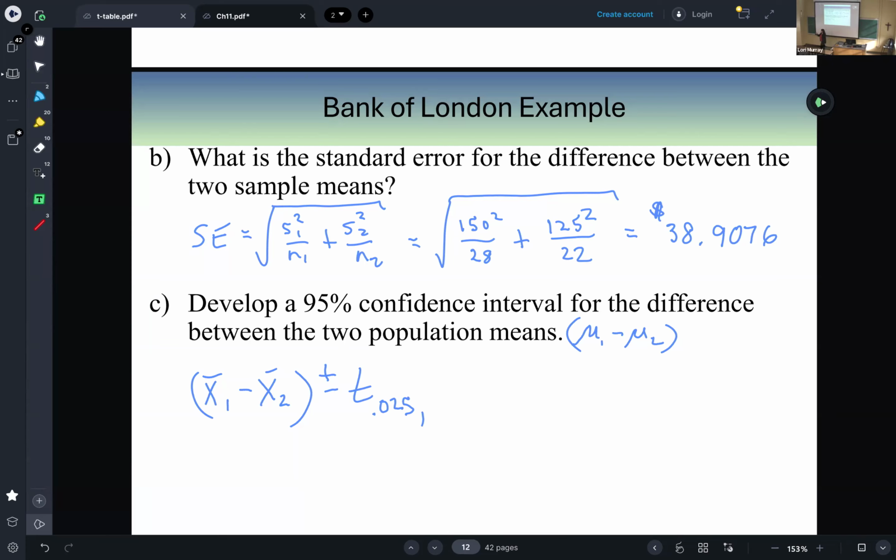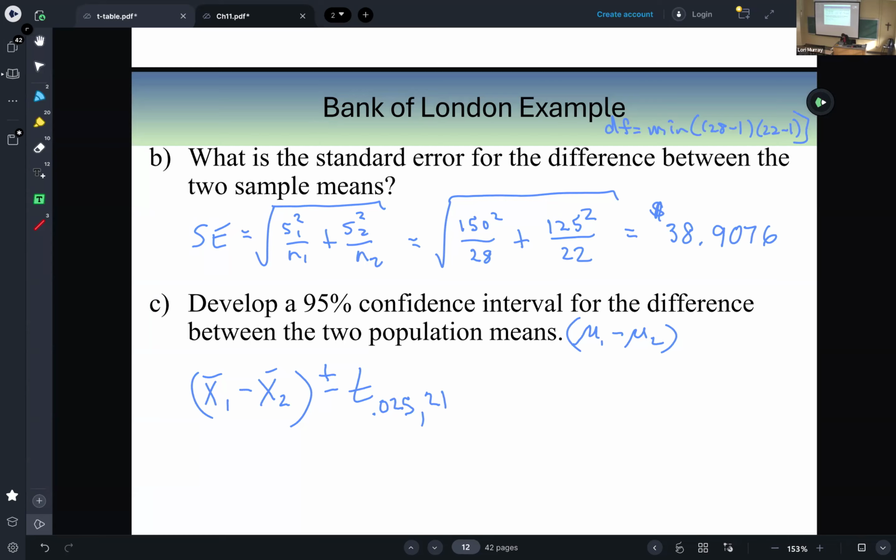We have 2 groups, yeah. 21, because the smallest group is 22, branch B, and we just subtract 1 from it, so it's going to be 21. So the degrees of freedom is the min of 28 minus 1 and 22 minus 1.